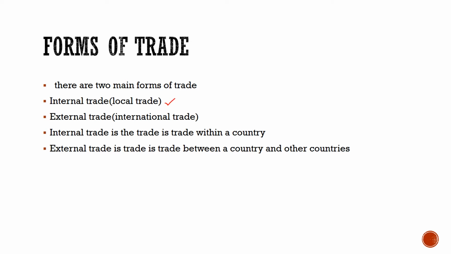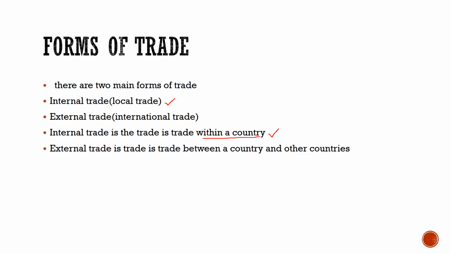Internal trade, as I've explained here, is trade within a country. For example, if a trader buys goods in Nairobi, and then you go and start selling the goods in Kisumu, that is internal trade. Maybe you buy goods in bulk from Gikomba, or from Isiolo, and then you take them to Garissa and you start selling them.